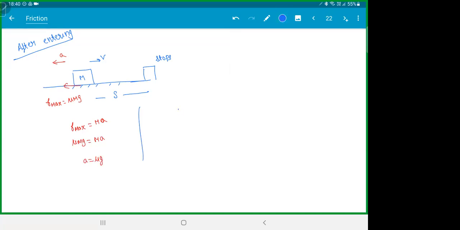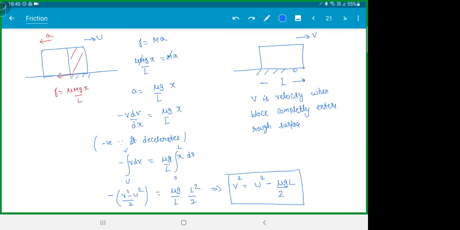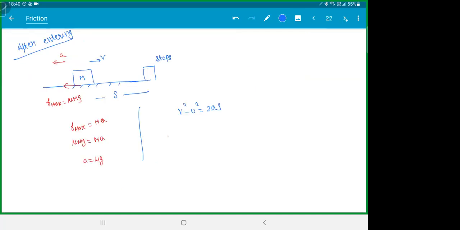Since acceleration is constant, I can use the kinematics equations. v square minus u square is 2as. What is v square? We calculated that here. So the final speed in the first part is the initial speed of the second part. No, sorry. This is 0. This will be your initial speed. I'll do one thing. Wait. v final square minus v initial square is 2as. v final is 0 and v initial is this guy.